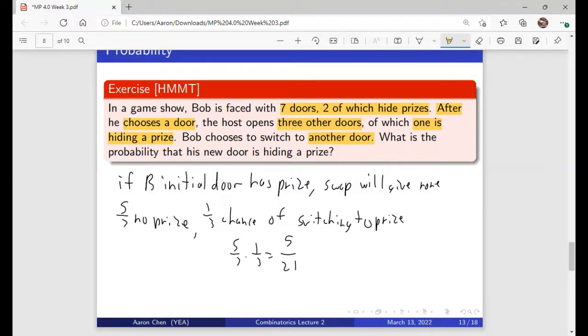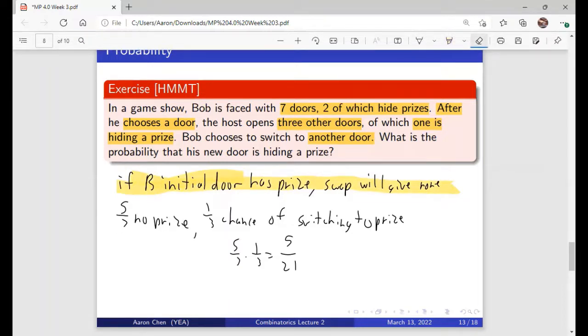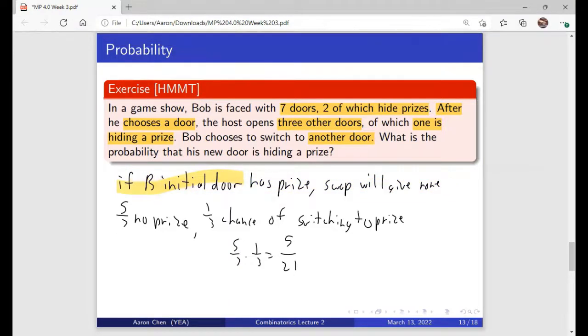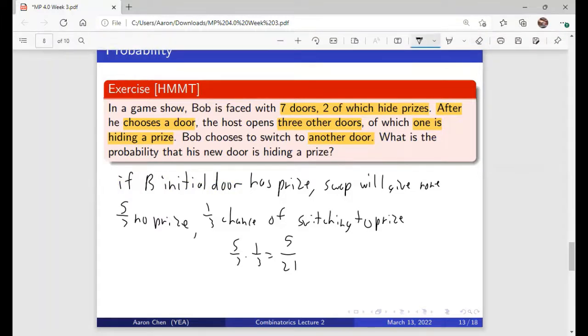And so basically if Bob's initial door has a prize, then switching will not give him anything. Then switching, Bob is guaranteed to not have a prize. Okay.